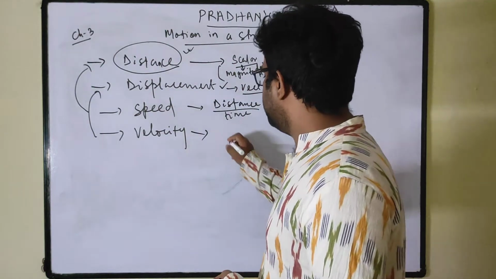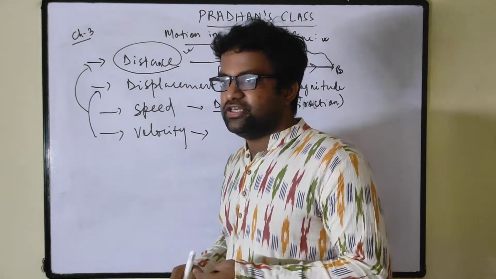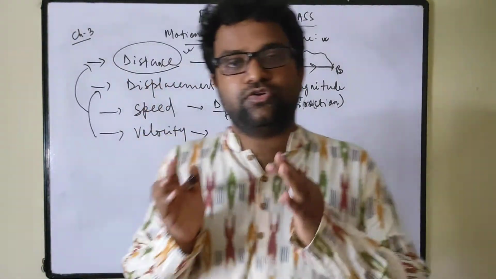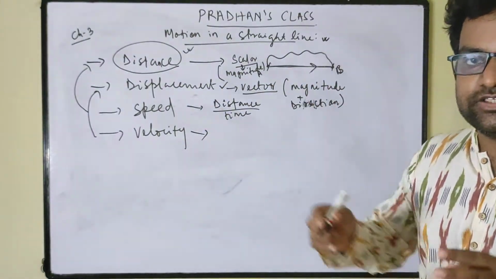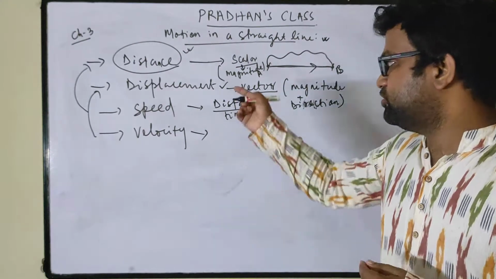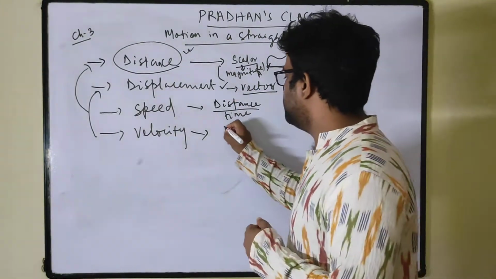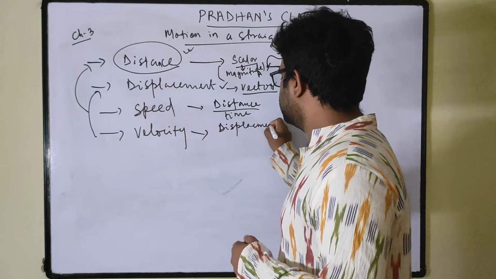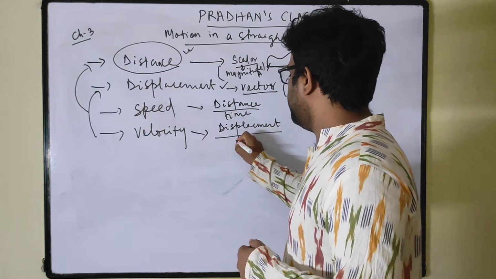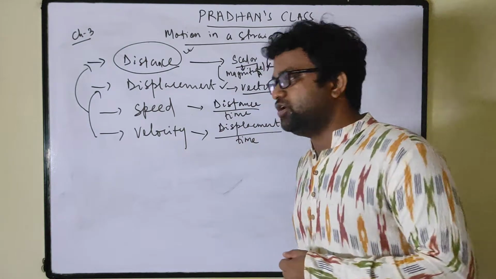Velocity is a vector quantity, so it will be related with your displacement. It is similar, but it is the shortest one. It is related to your displacement. So velocity will be displacement upon time. That is your velocity.